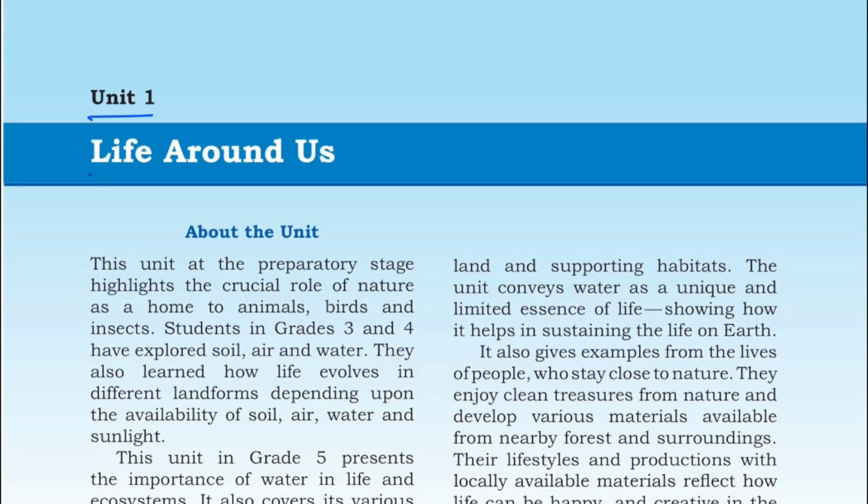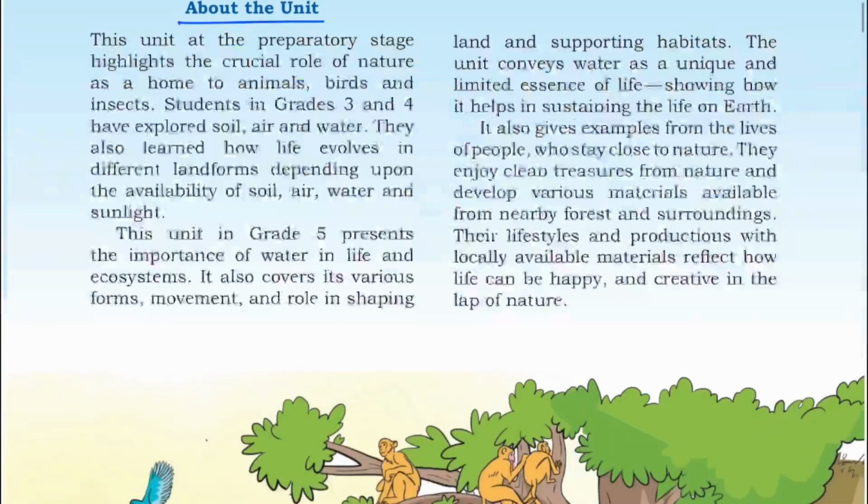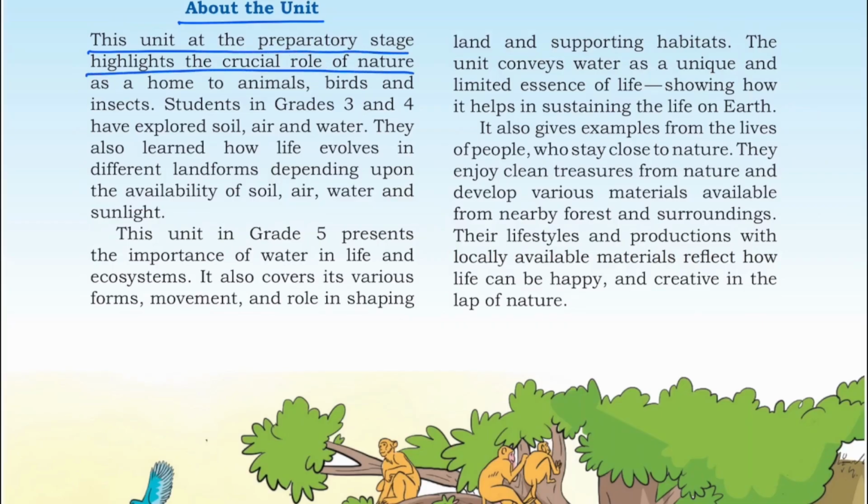Unit 1 is Life Around Us. About the unit. The unit, at the preparatory stage, highlights the crucial role of nature as a home of animals, birds, and insects. Students in grade 3 and 4 have explored soil, air, and water.